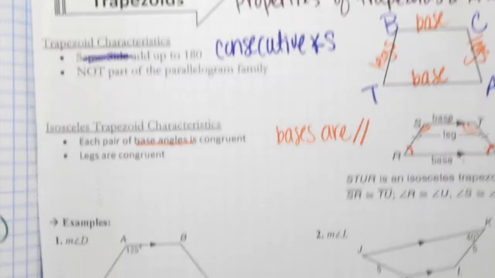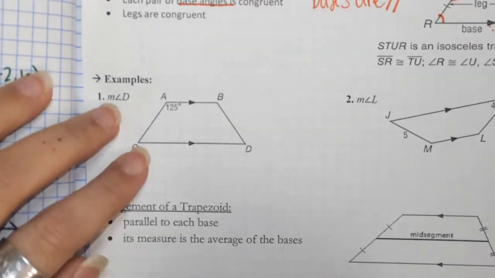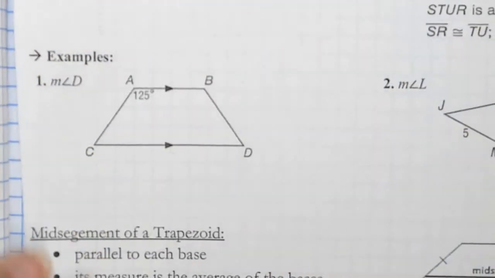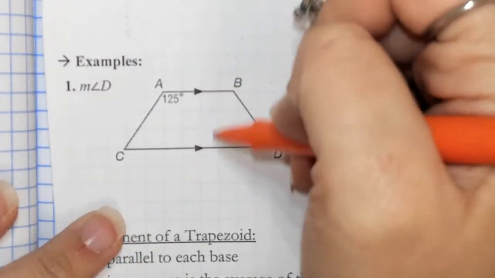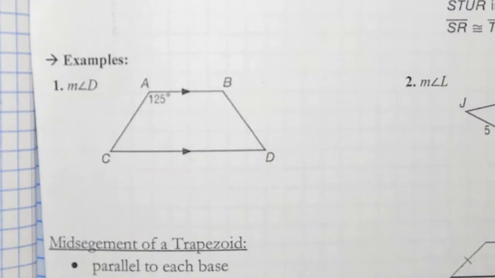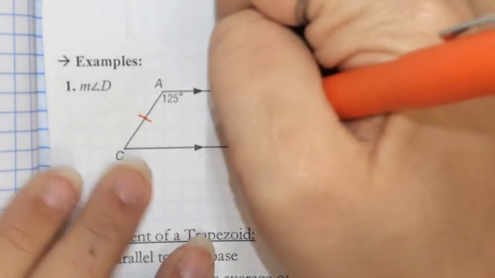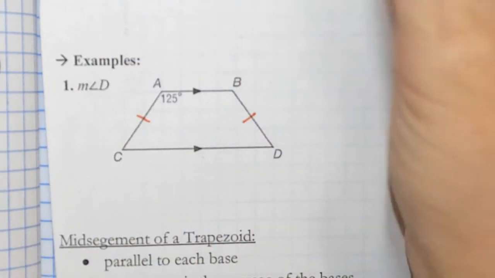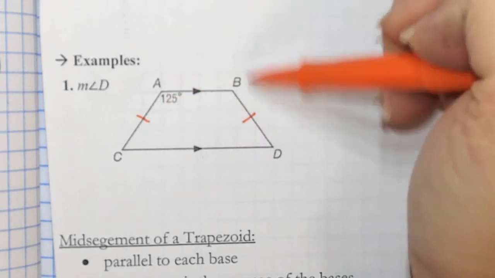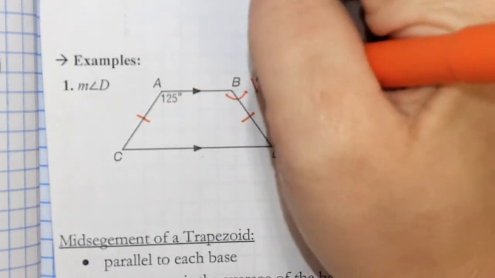Okay, now let's look at example 1. Everybody look with me. If these are parallel, that means it's what kind of trapezoid? Okay, so let's put isosceles. If angle A is 125, what's angle B going to be? 125.